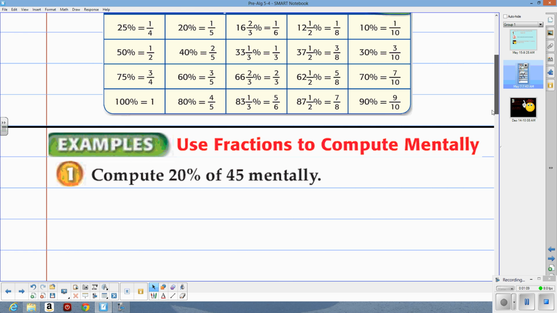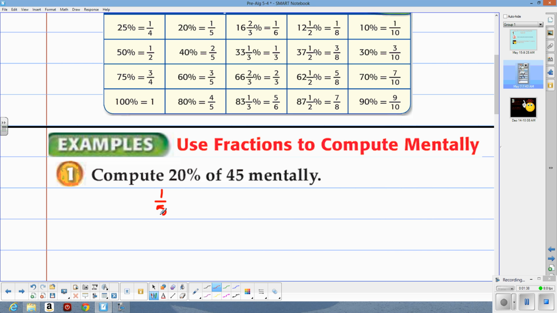All right, example 1 says use fractions to compute mentally. Compute 20% of 45 mentally. Even though you're doing this in your head, I'm going to want you to be writing down what you are thinking of, so I know that you're not just taking a guess and that you're not using a calculator. 20% is 20 out of 100, or 1/5.